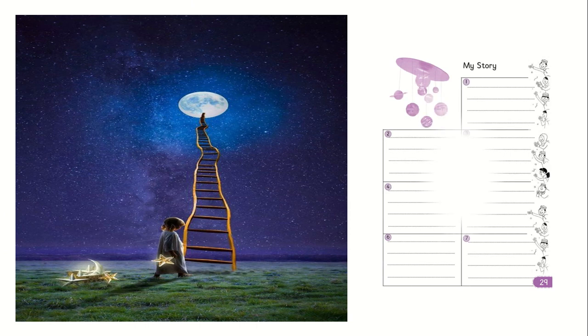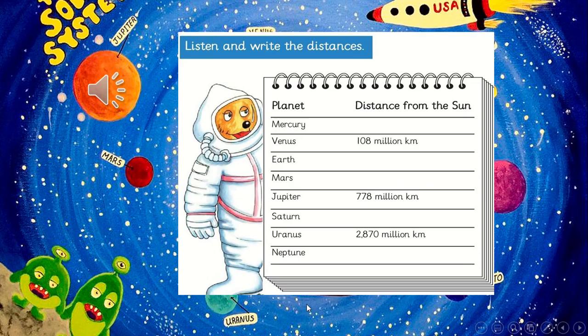Where can you write your story? Here on your skills book, page number 29. Okay? Now, listen and write the distance. On your class book, page number 37, you have here to listen and write the number. Okay, here you have to write the number, the distance between the sun and the planet.